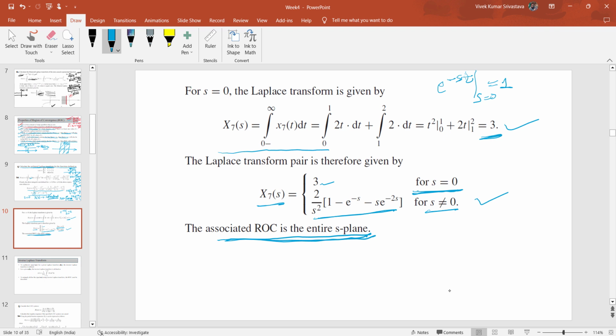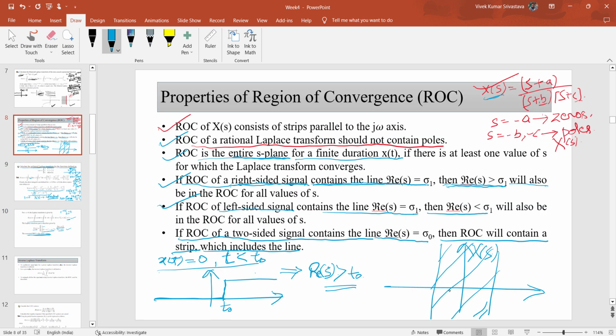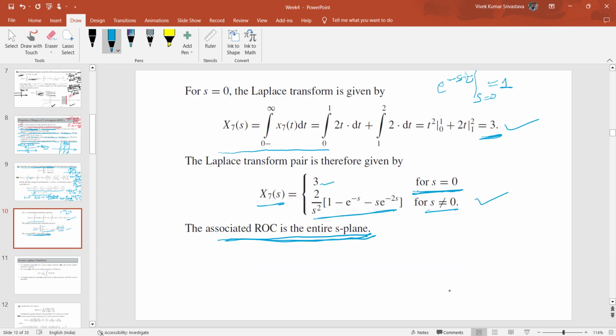That's why in the property it is written that for a finite duration signal x(t), the ROC will be the entire s plane, because for all values of s this Laplace transform will converge. I hope this problem is clear to you. If you have any doubt in this problem, then please ask.